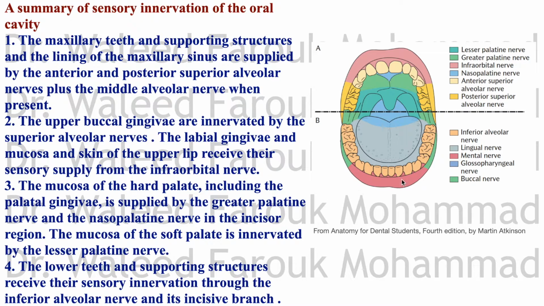The lower teeth and supporting structures receive their sensory innervation through the inferior alveolar nerve, as you can see here, and also the incisive branch of the inferior alveolar nerve.